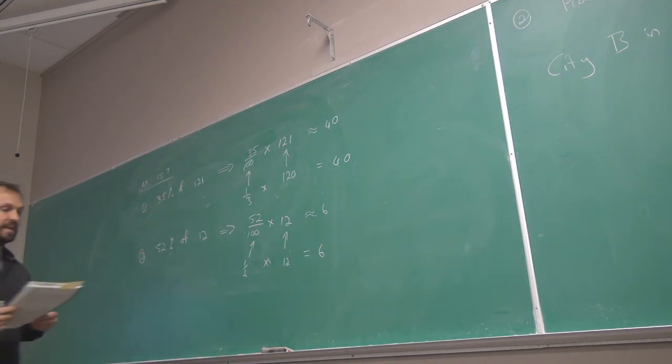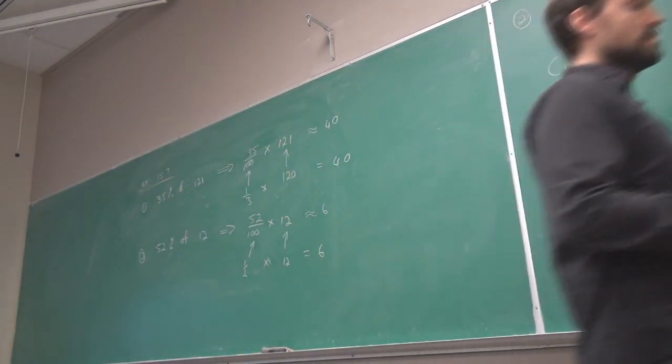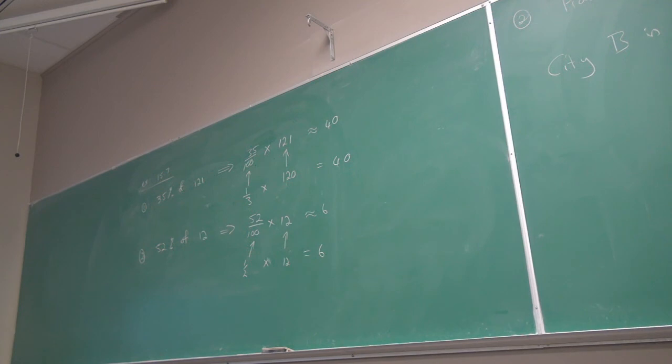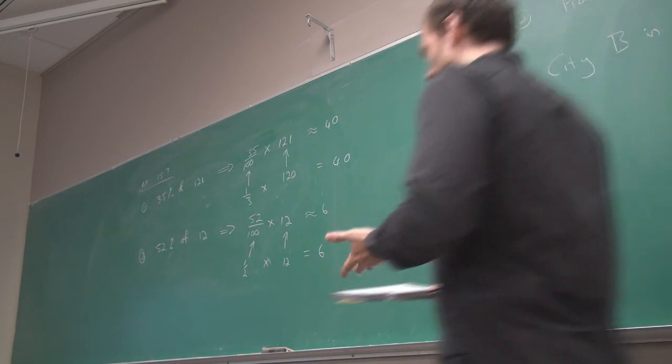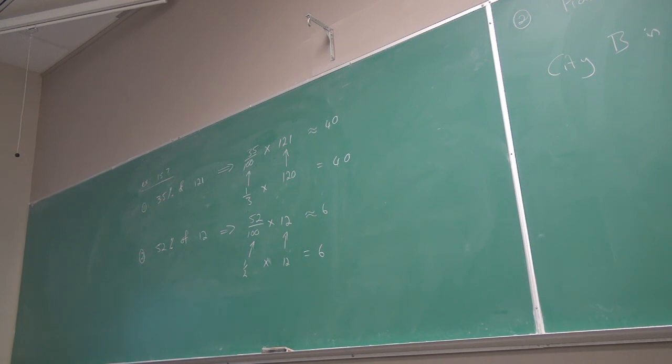24 pounds is 49% of what? Well, make that a 50. 24 pounds is 50% of what? 48. That's not hard at all. But 49? Whew. That is much more difficult to do in your head.